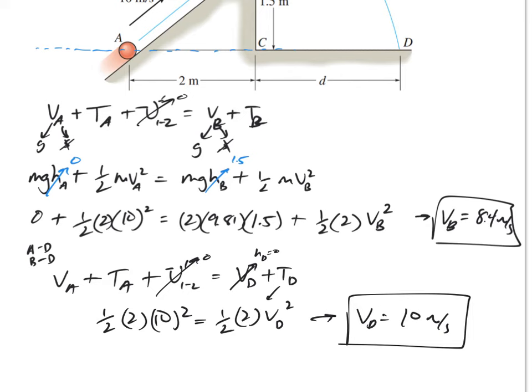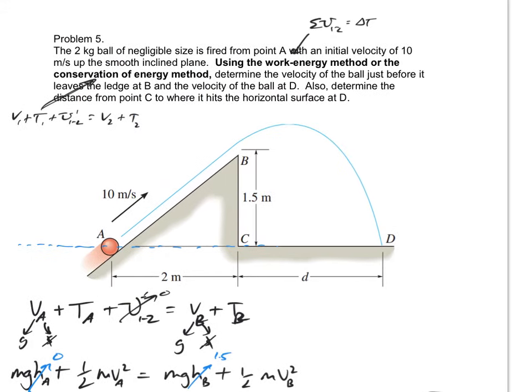It needed me to find this distance D. It also said, determine the distance from point C to where it hits the horizontal surface at D. It needs me to find this distance here. Well, there's nothing in my conservation of energy equations to solve for that distance D. This is going back to being a projectile problem. So this is really a projectile from B to D, right?